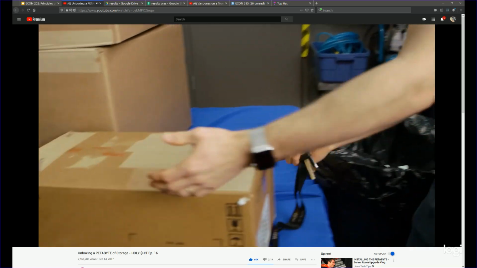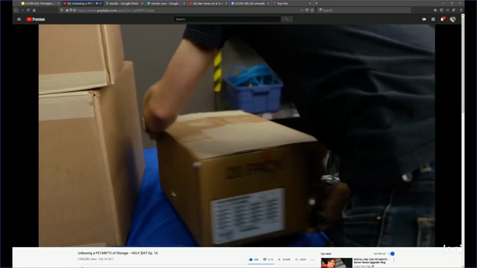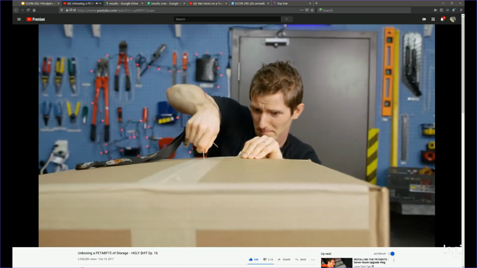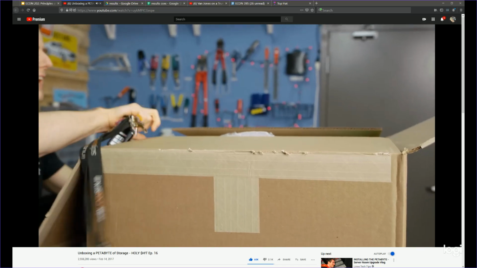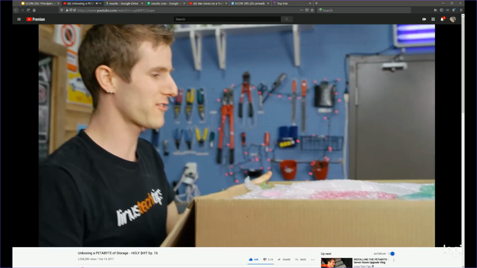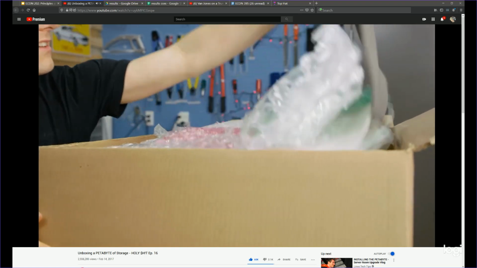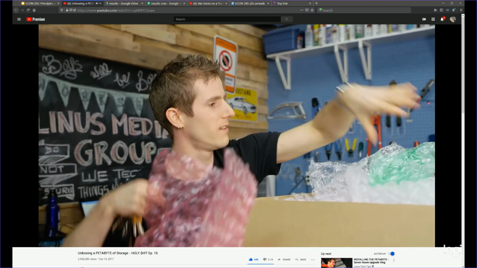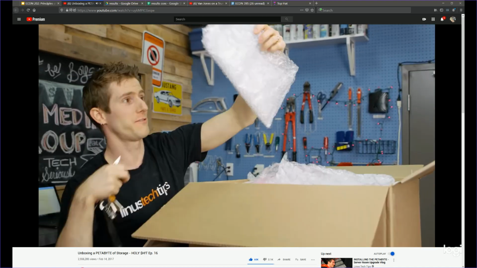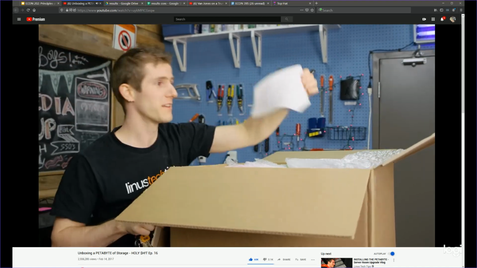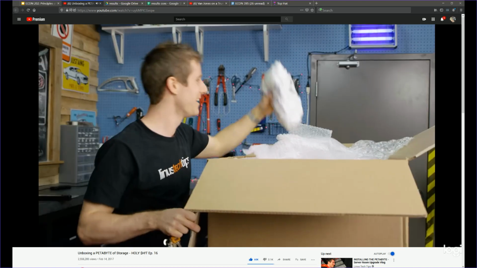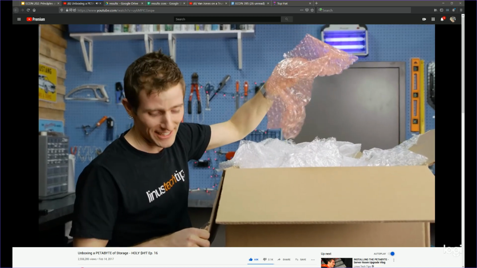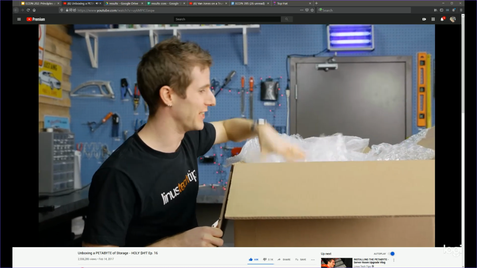So we actually probably have to get each of these boxes open. Now, how did they end up with this random mishmash of packing materials? Let's see how many different types of packing material we can find. 1, 2, 3, 4, 5, 6, 7, 8, 9, 10. 10 packing materials.